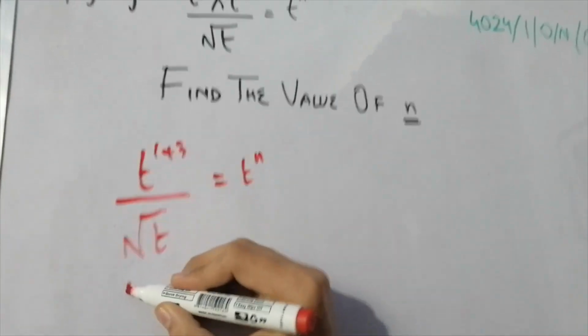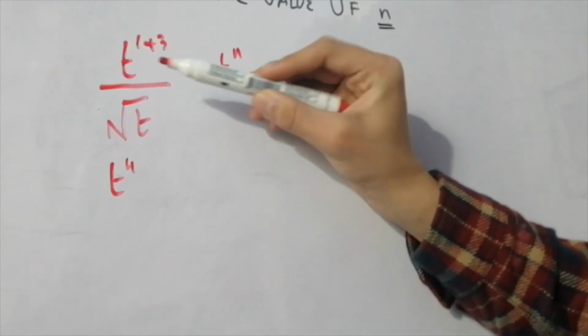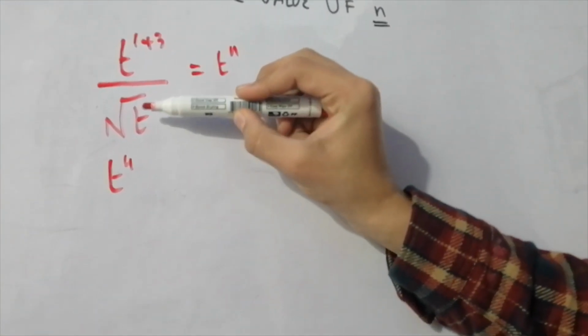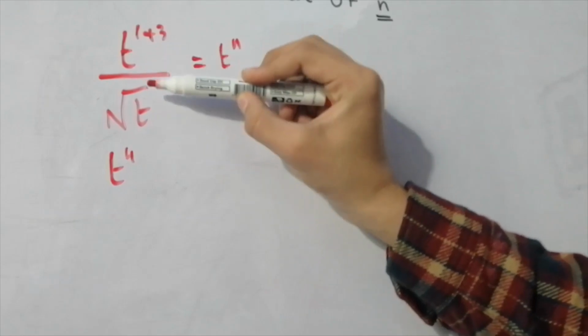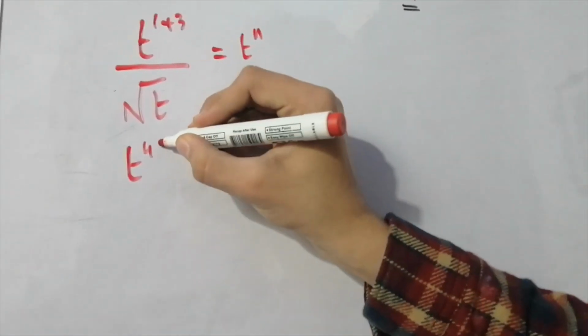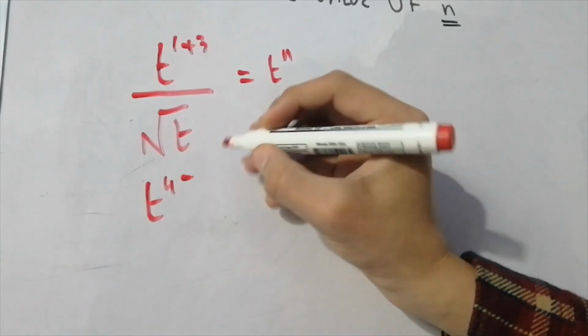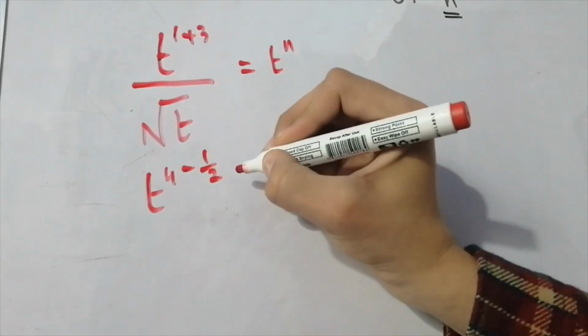So t power 4, and now we're going to use the division rule, which states that the power of this t is going to be subtracted from this t. So 4 minus, since this is a square root, the power will be 1 over 2. So 4 minus 1 over 2.